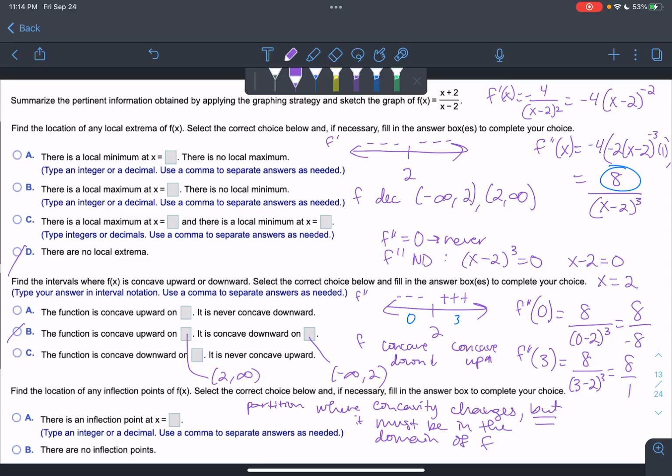Remember our very first question, we were asked about the domain of f, and we said all numbers except for 2, because that makes a divide by 0 error. And so there are no inflection points. If 2 were allowed in the domain, then 2 would be an inflection point because concavity changed. But it is not for this particular problem.